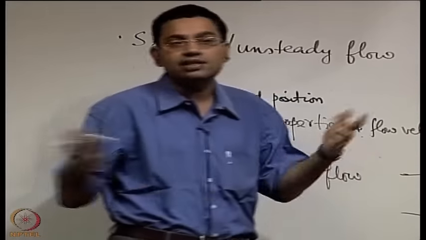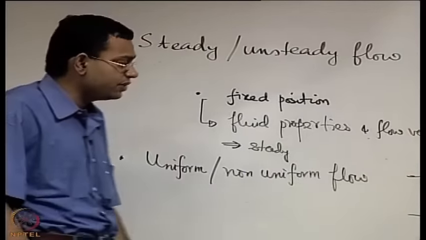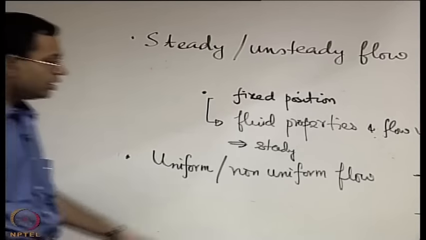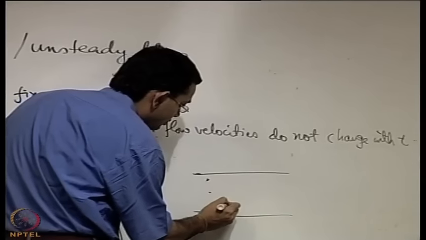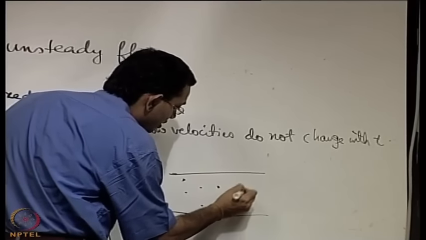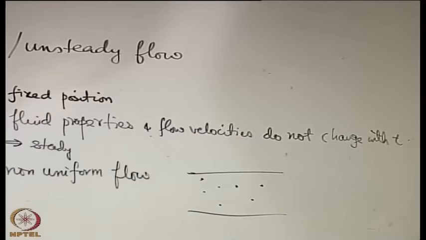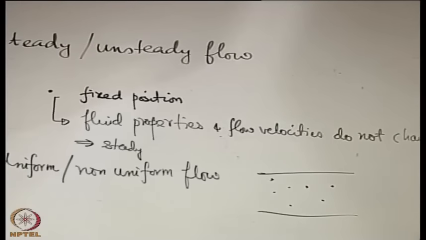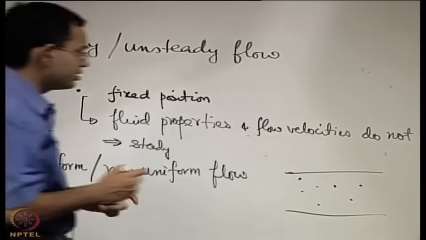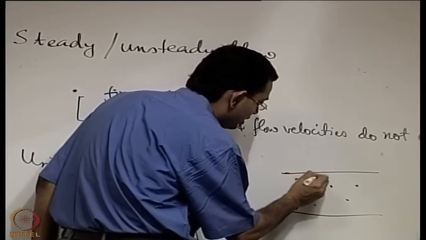So you are having some velocities at different locations. In the flow field, let us identify different points. Let us say that these different points have different velocities. So let us try to mark these different velocities. Say that different velocities are like this.